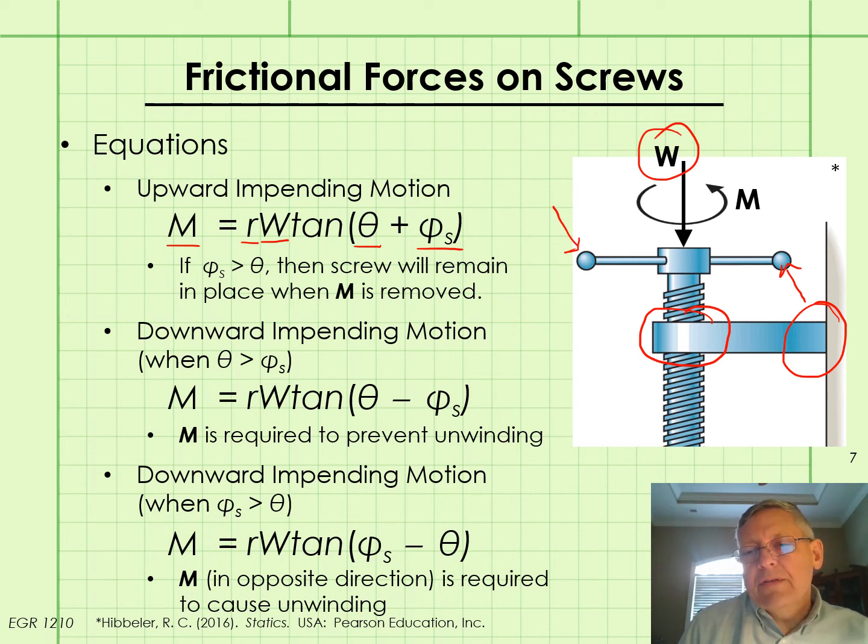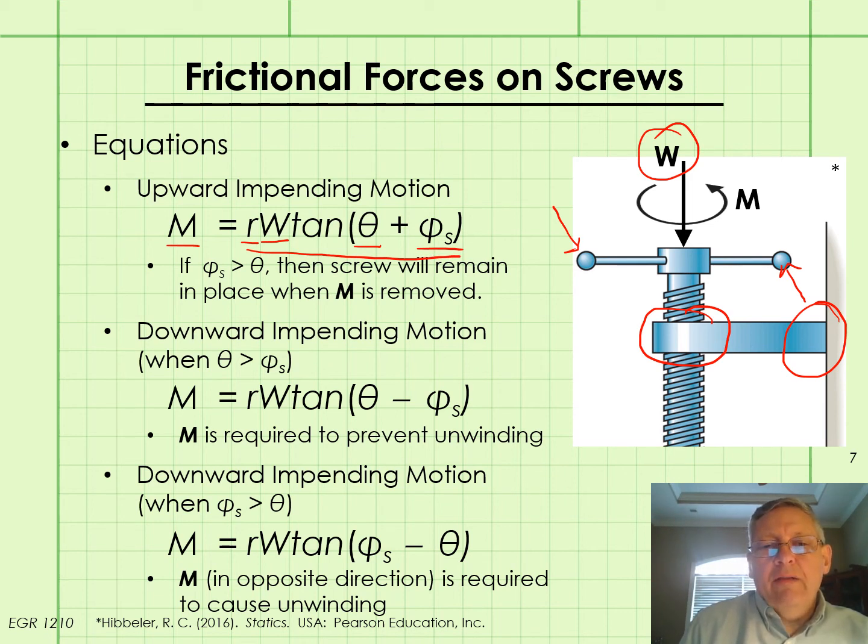Those surfaces are where they're contacting within the collar. So to cause the weight to move upwards, the screw to turn counterclockwise, the weight to move upwards, you would use this equation.